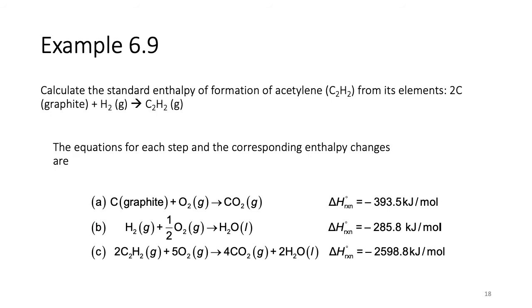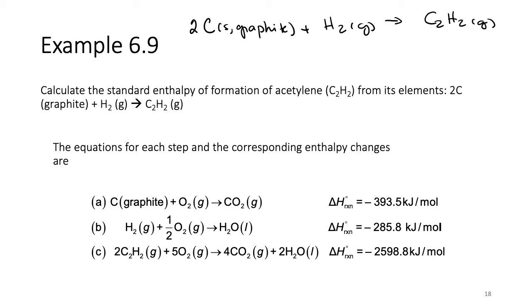So here is an example. You are trying to make acetylene from its standard elements. So your equation is 2 carbons, solid graphite, plus hydrogen gas, making acetylene. These equations here are the ones you have to match.